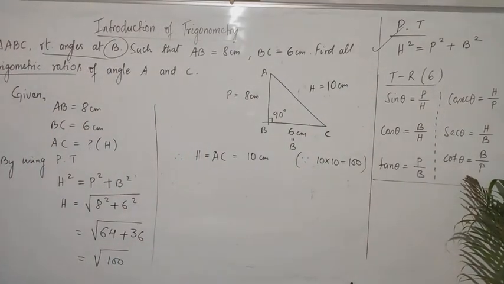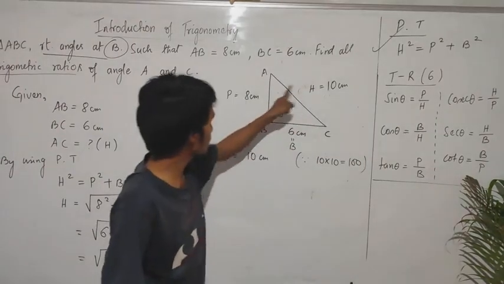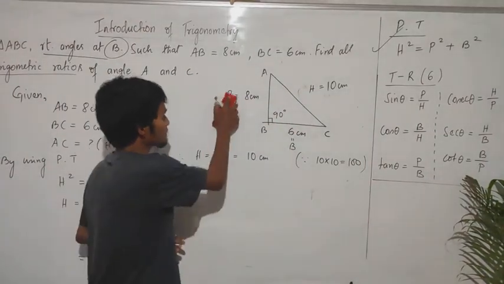Then now we'll come to the trigonometric ratios of angle A and C by using this formula. We got all the values of all the sides, so now I'll drop this one.